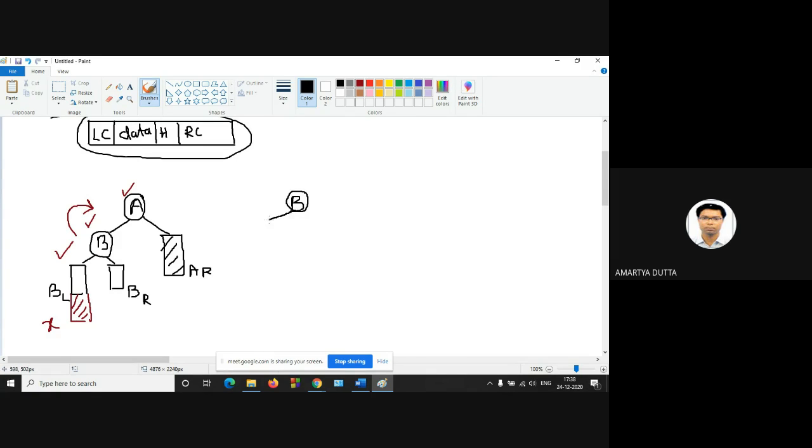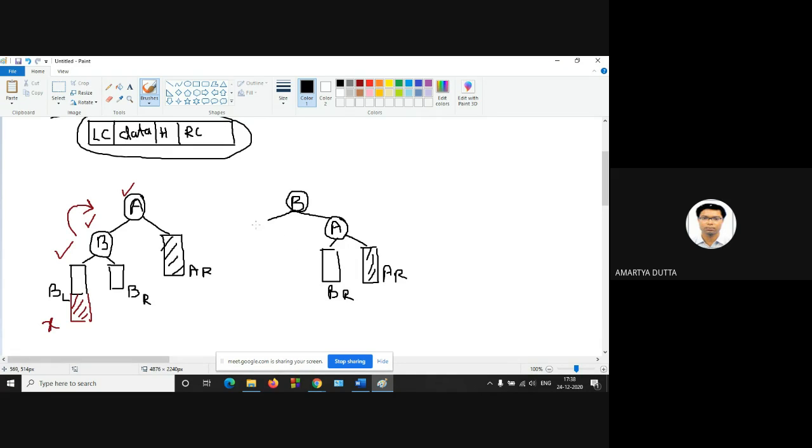B is the root and its right child is A. A's right part is AR, the leaf of A, and this is your BR.